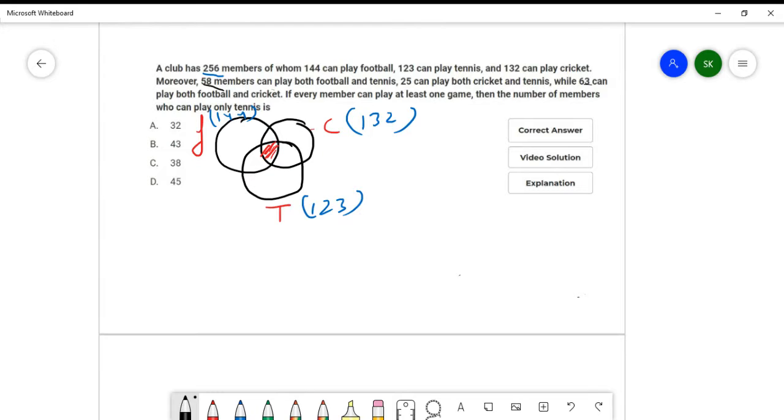Now the formula for such questions is universal set, which is n A union B union C, which is total value of 256. Okay, now this equals to the value of individual three circles.